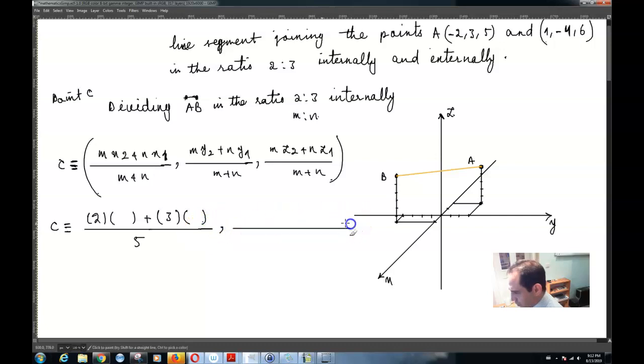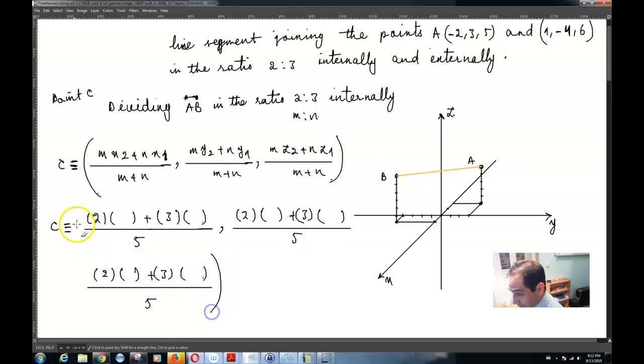The Y coordinate of the point is again 2 times something plus 3 times something over the same denominator. And the third part is again the same thing, 2 times something plus 3 times something over 5. So now once you have this, then you only need to substitute x2, x1, y2, y1, z2, z1.